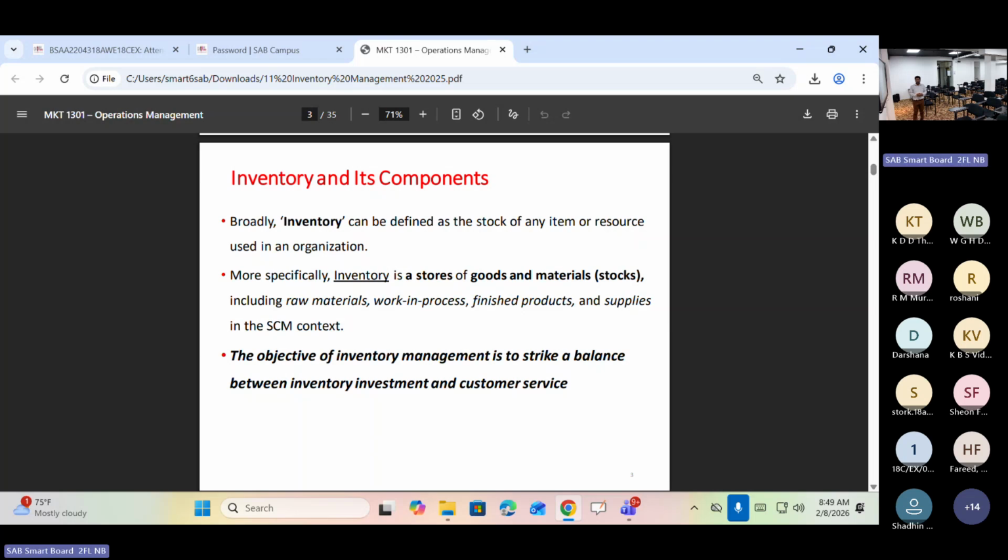In a garment factory, it could be finished garment items, nicely completed and ready to dispatch. In case of electronic devices like refrigerators to televisions, it could be the finished items that are ready to send to the market. So likewise, there can be finished goods.